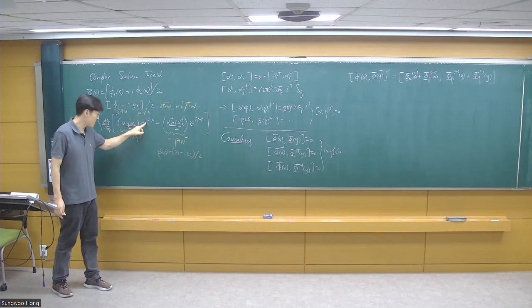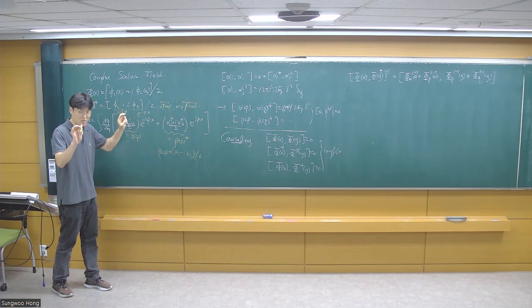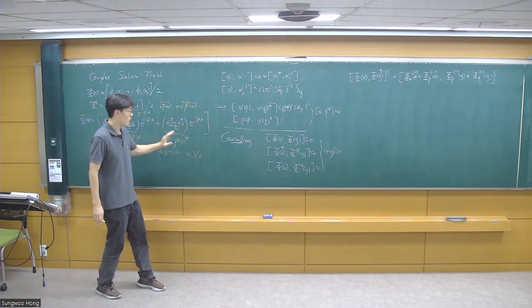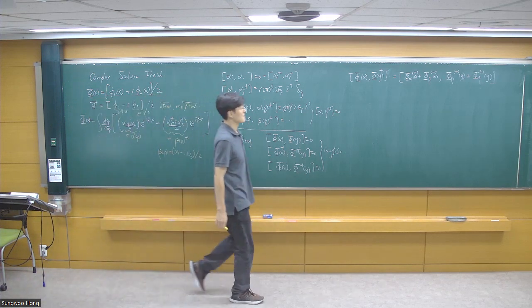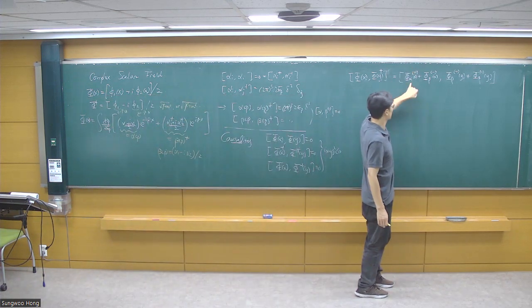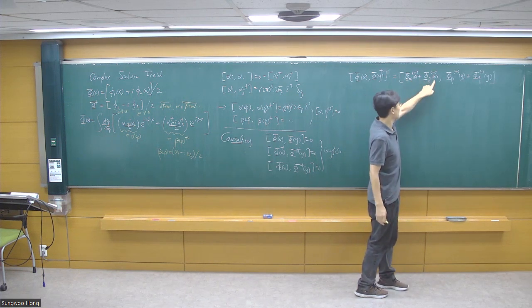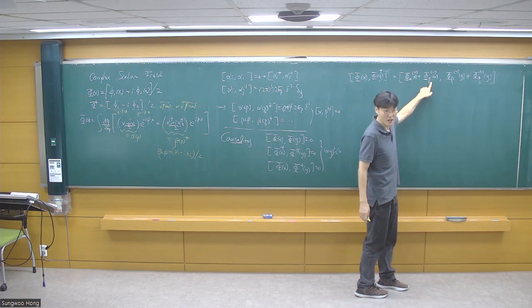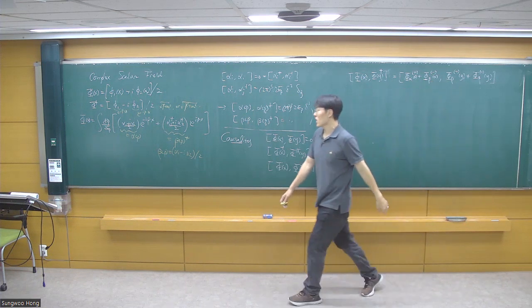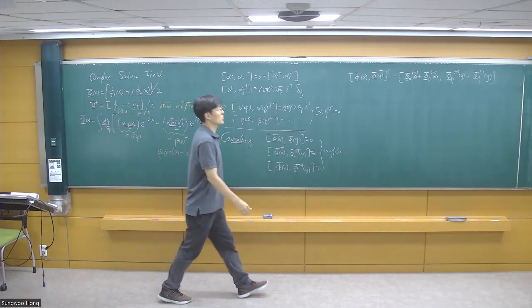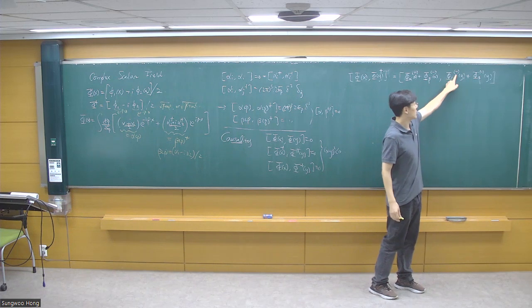Alpha part is the positive frequency part, and beta dagger is the negative part. So phi can be written as positive frequency controlled by the alpha operator, and then negative frequency controlled by beta dagger. And if you take the Hermitian conjugate, you will solve this too. So the conjugate should come with beta positive.